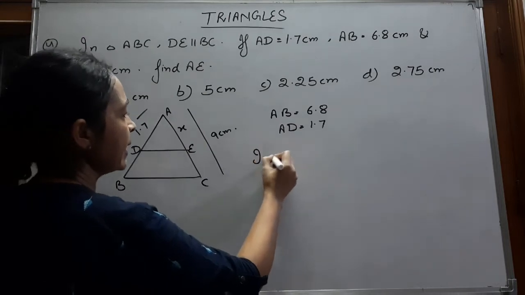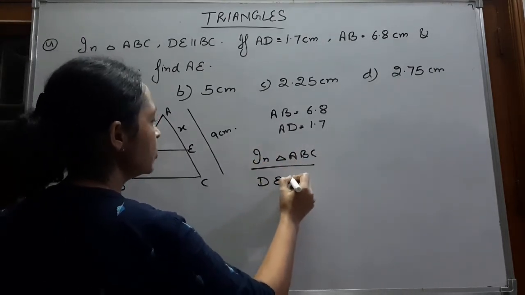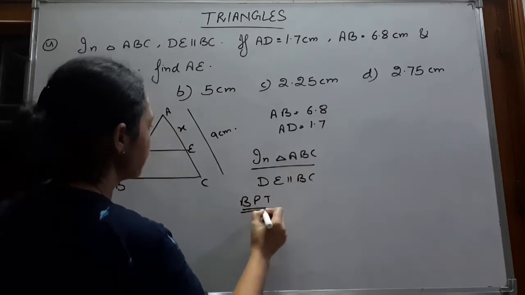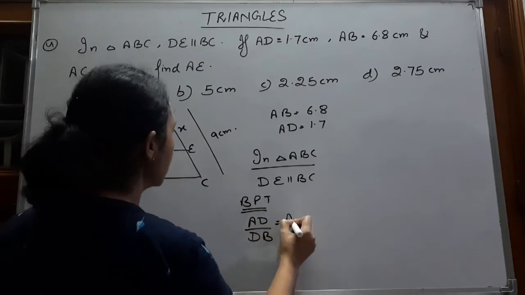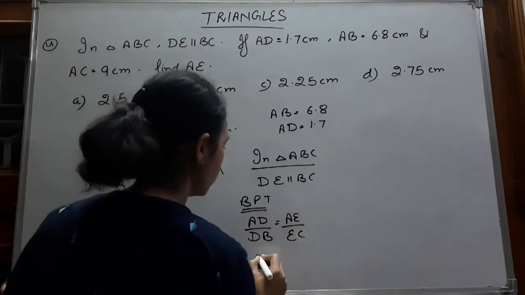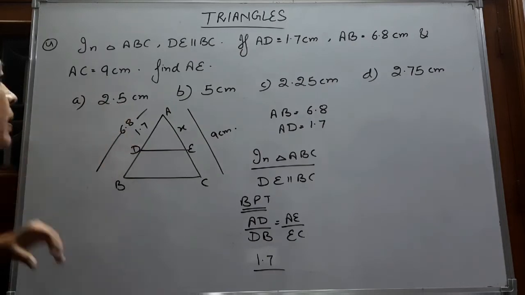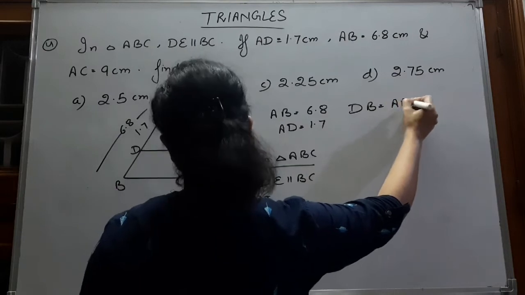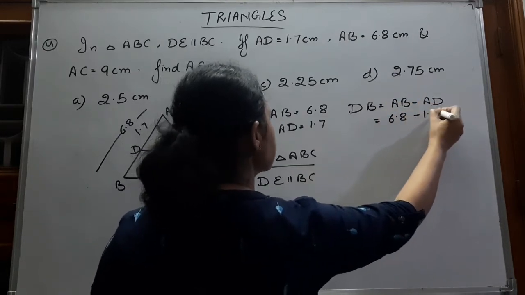Now, in triangle ABC, DE is parallel to BC. So, as per BPT, AD upon DB equals AE upon EC. AD is 1.7. What will be BD or DB? DB is AB minus AD, which is 6.8 minus 1.7.